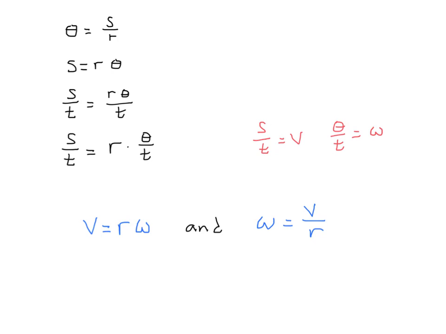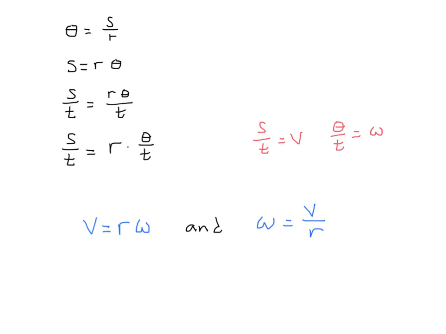Now I want you to recall that S over t is equal to the velocity, and theta over t equals the angular speed, or omega. And so what this tells me is that my velocity, the linear speed, is equal to the radius times the angular speed. And the angular speed, omega, is equal to the velocity divided by the radius.